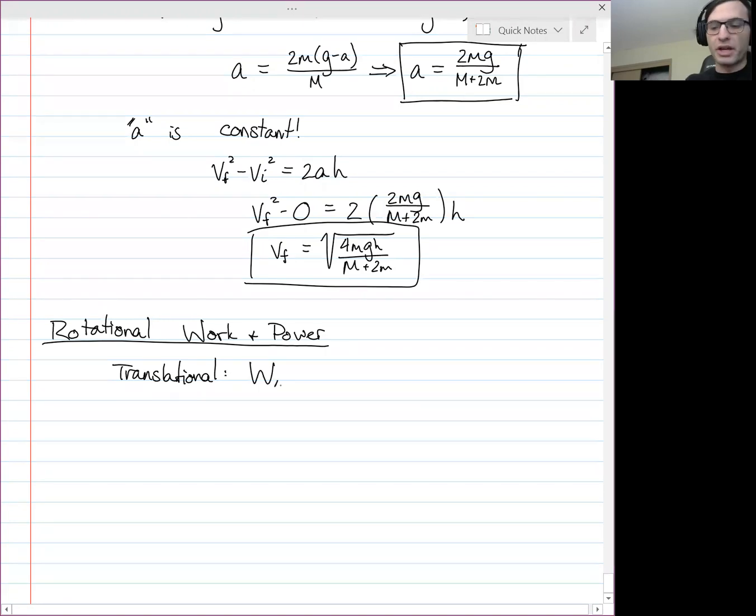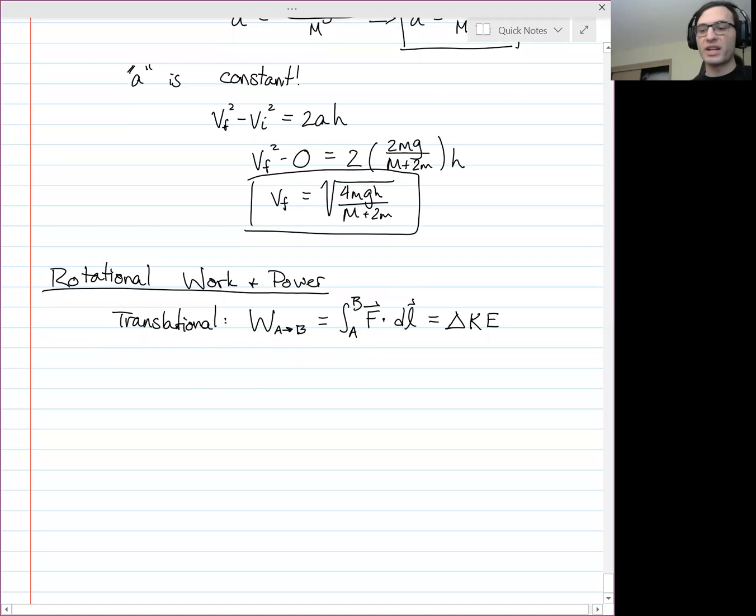The work from A to B is equal to a line integral from A to B of the force dotted into the infinitesimal path. The work energy theorem gives us that that's equal to the change in kinetic energy of the object upon which the force is acting, which is 1/2 mvb squared minus 1/2 mva squared.